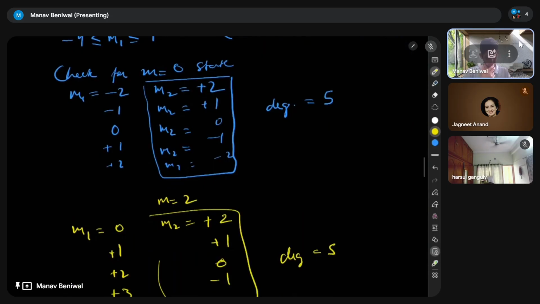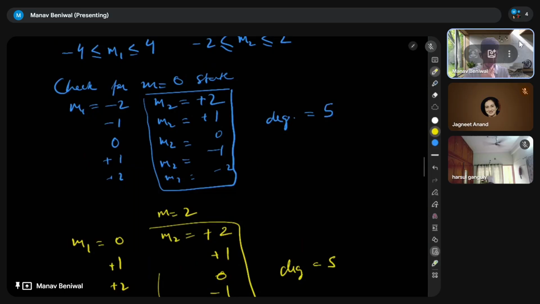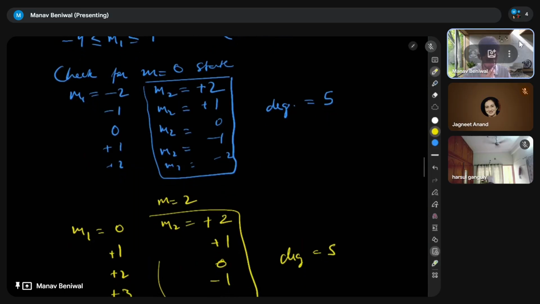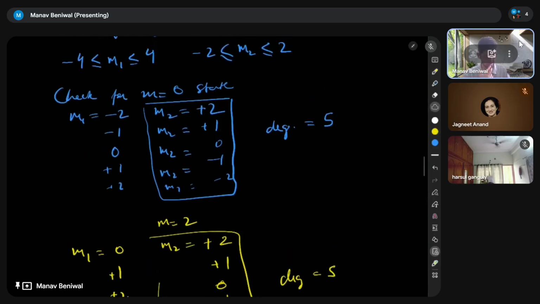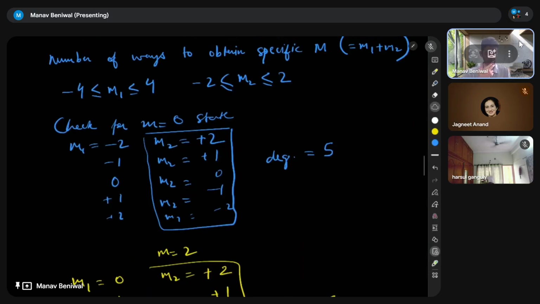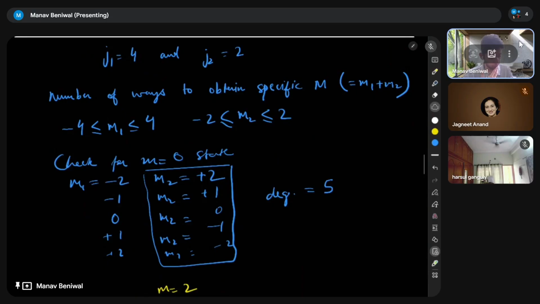Now, based on all this discussion, what do we realize? That for the smaller of the two j values, our degeneracy will cover all possible states of the smaller j. Here the smaller j is 2, and therefore it's coming out to be 5.